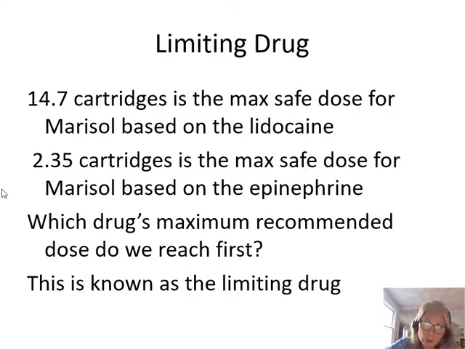And we reach 2 cartridges first. So we need to limit the amount we give Marisol based on the epinephrine, because we can only give her 2 cartridges because she will max out based on the epinephrine because she is a cardiovascular patient.